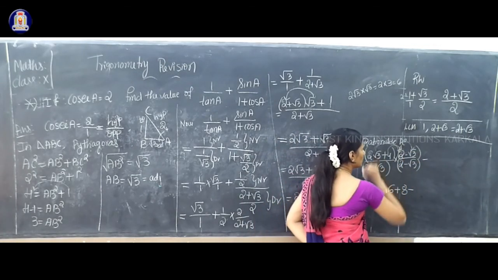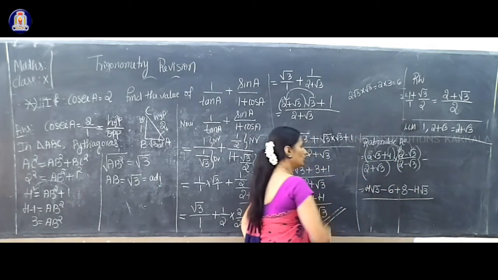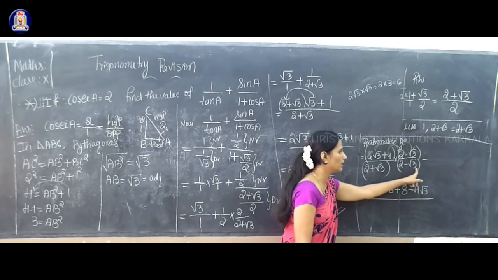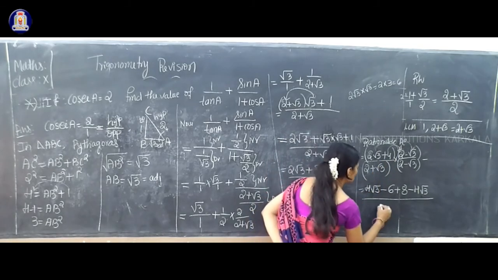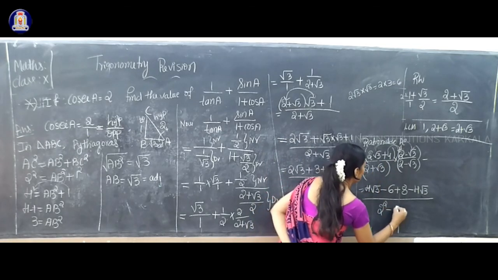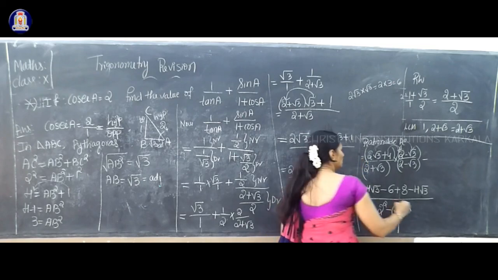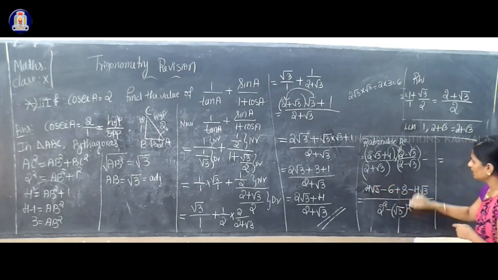So 4 into minus root 3 is minus 4 root 3, divided by the denominator. The denominator of 2 plus root 3 and 2 minus root 3: which formula is it? a plus b into a minus b equals a square minus b square. So 4 root 3 and minus 4 root 3 cancel.